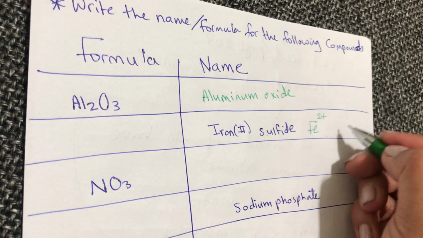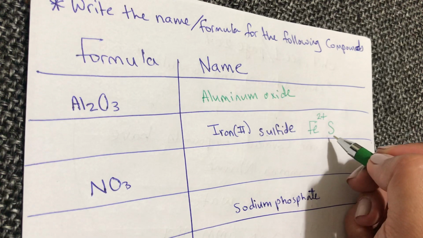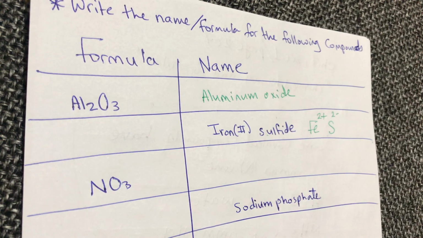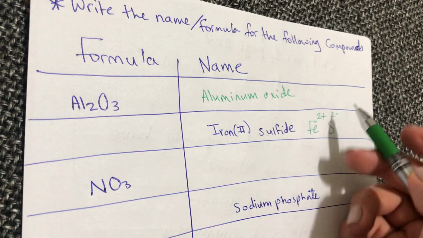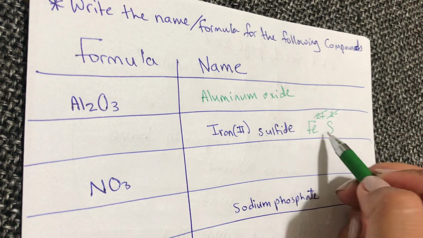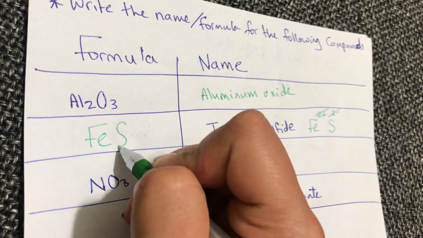And sulfide is for sulfur. Sulfur is in group 6, so it carries a negative 2 charge. So the rule is if the positive charge equals the negative charge, they cancel each other. So the ratio is 1 to 1. So the formula is FeS.